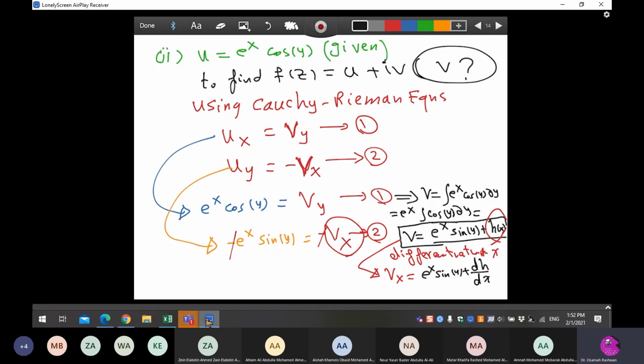From equation 2, I have Vx equal to e to the x sine y. I can cancel out this one with this one. So what's left? dh by dx equals 0. When a derivative equals 0, your function should be a constant function.